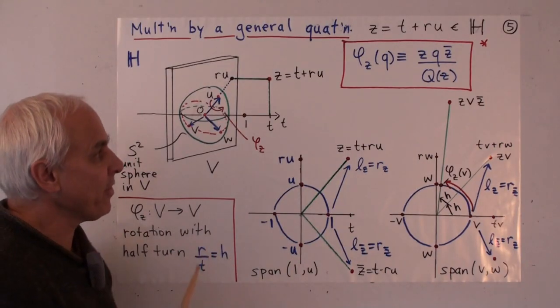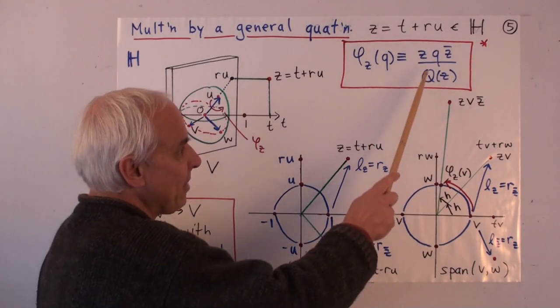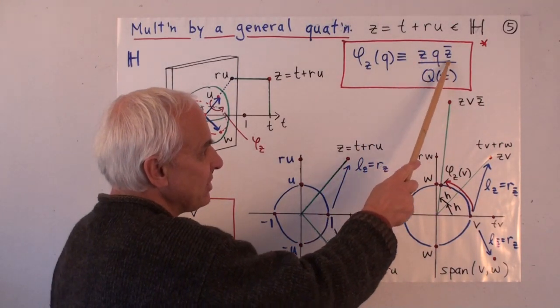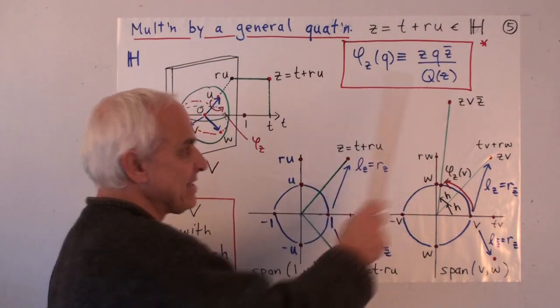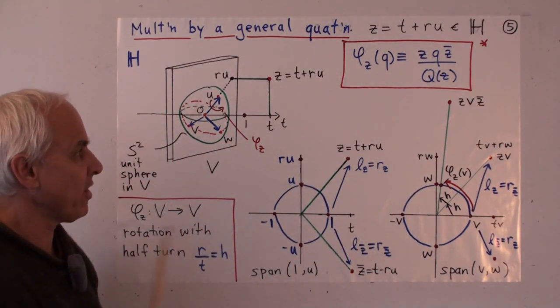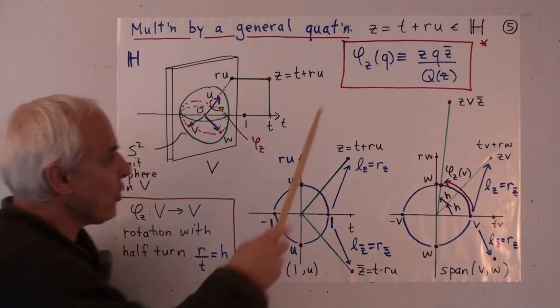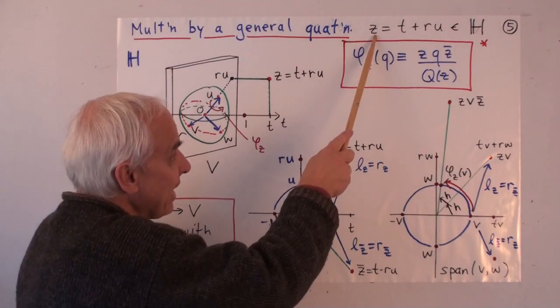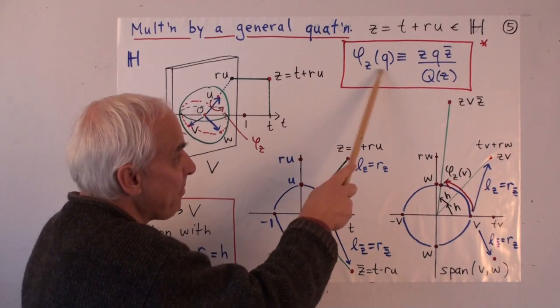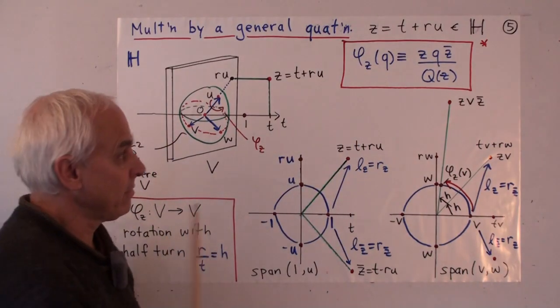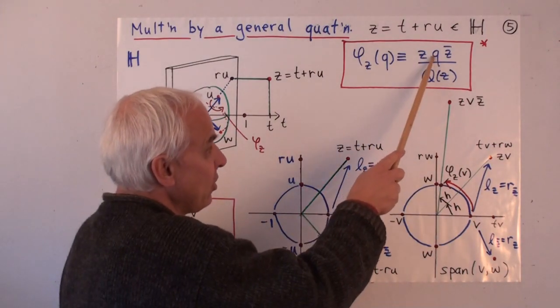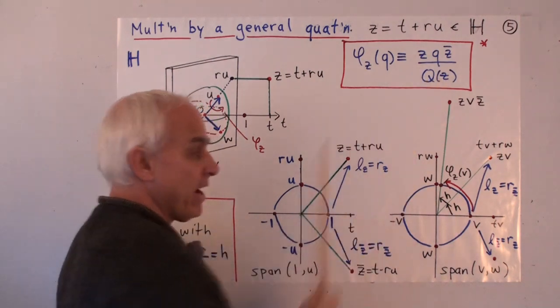It makes it a little bit simpler with the way I've set things up: z q z bar. It's a little bit less standard, I think, but more convenient for us. So given this z, we're defining this operation on a general quaternion: z times q times z bar, divided by q of z.